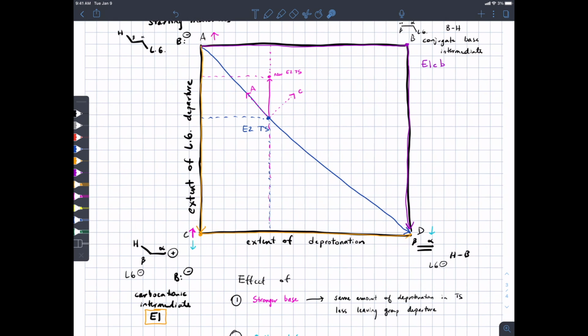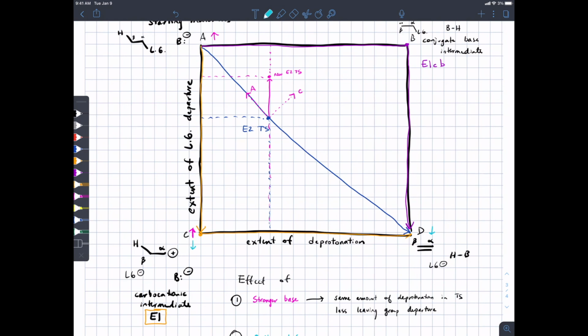So for A and D, we have to consider the Hammond effect, which says that if I raise the energy of A, that moves the transition state towards A. Similarly, if I lower the energy of D, that's going to make the transition state even more starting material-like.